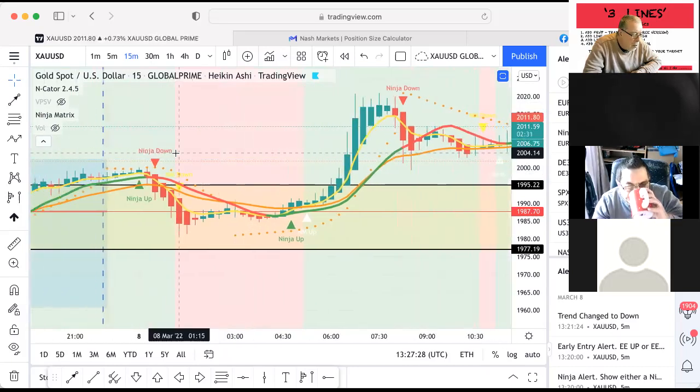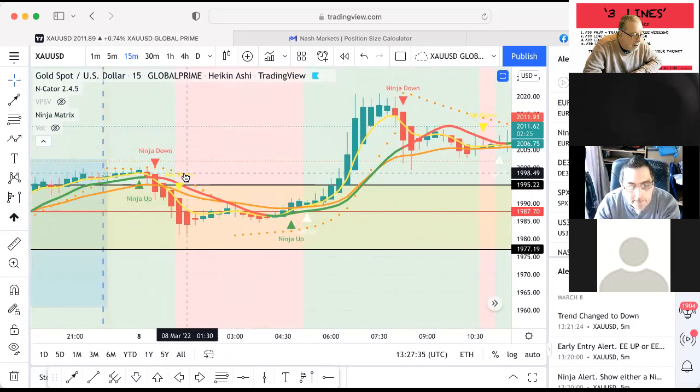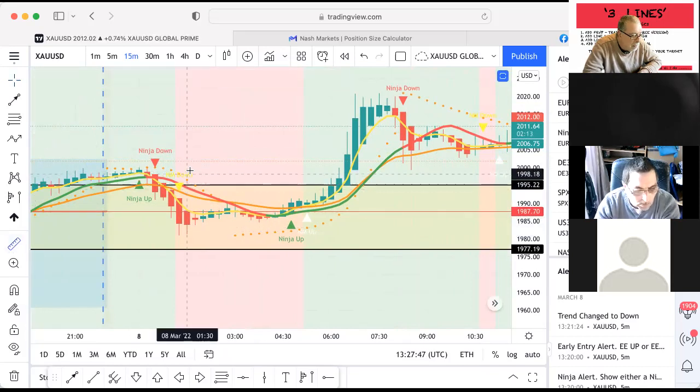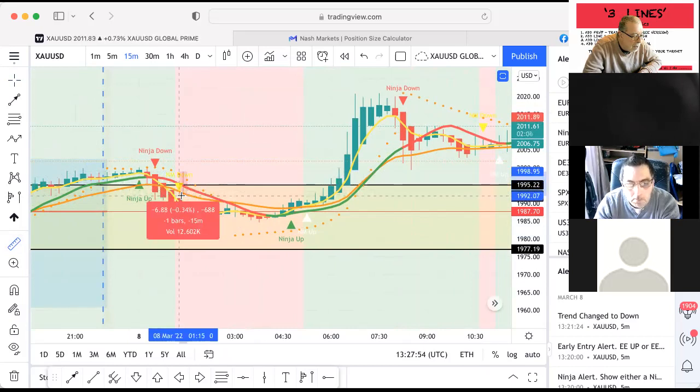Just going back to stop loss, if I was getting in on this candle here, my stop loss would probably be just the other side, just above that PSAR there, to be on the safe side. Now, let's just measure that and see how many pips that is. If I was setting it there and price was somewhere here, you're looking at a lot of pips.